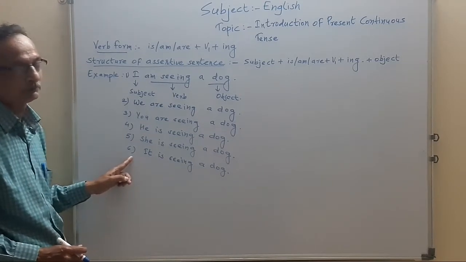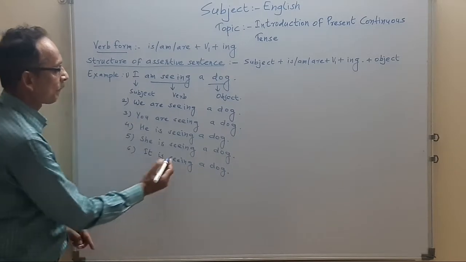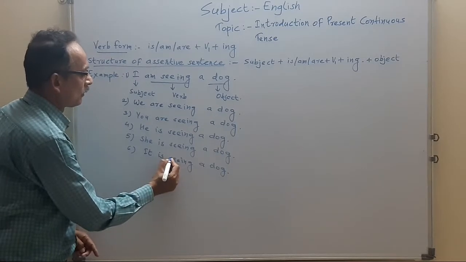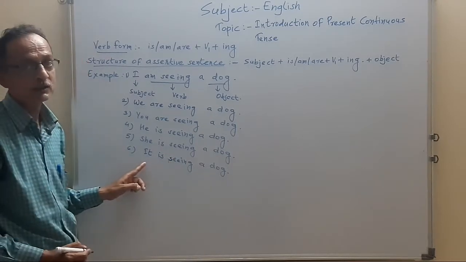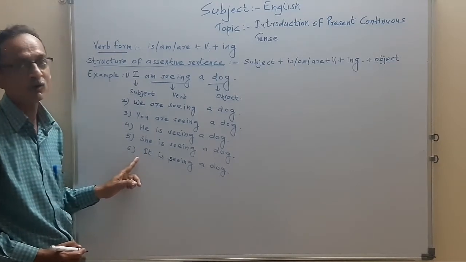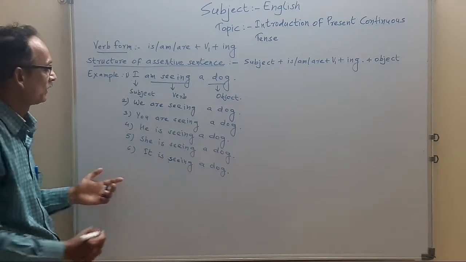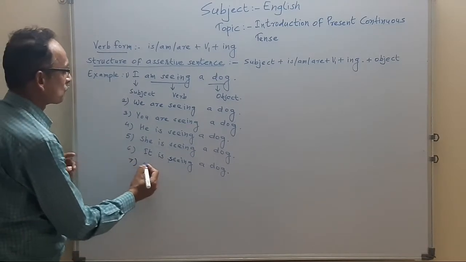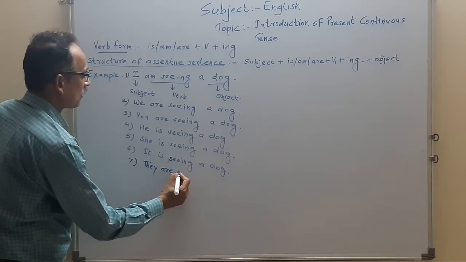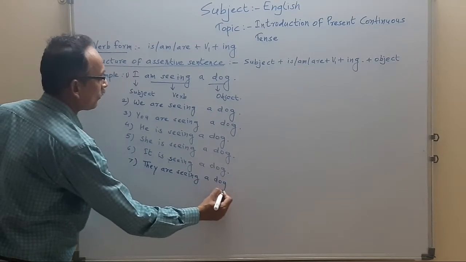In the sixth example, I use it and the verb is seeing. It is used for non-living things, so I write it only for the purpose of constructing the sentence. Next one is they are seeing a dog.